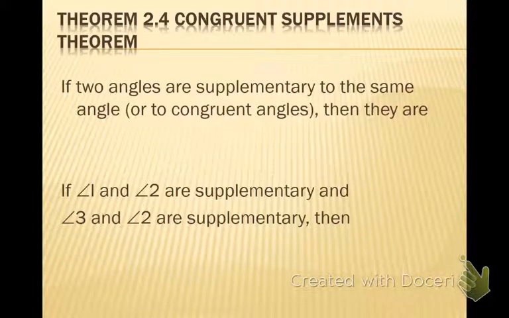All right. Now we're going to get into something called the congruent supplements theorem. The congruent supplements theorem talks about if two angles are supplementary to the same angle or to congruent angles, then they are themselves congruent. Okay, now watch this. How do we know that? I'm going to do a quick little proof here.